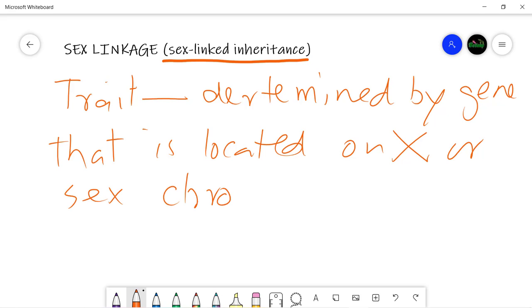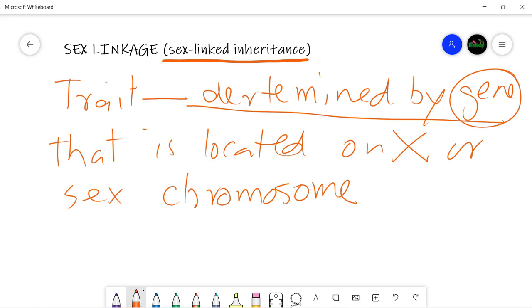So this particular inheritance is known as sex-linked inheritance. The trait or the character which we are studying is determined by a particular gene, and that gene is located on an X chromosome or a sex chromosome, a chromosome that determines the sex of the individual.